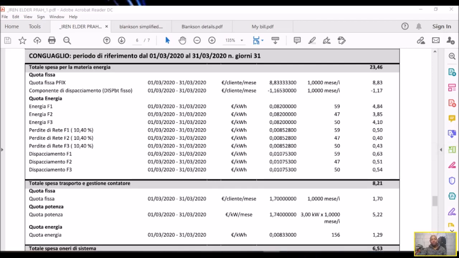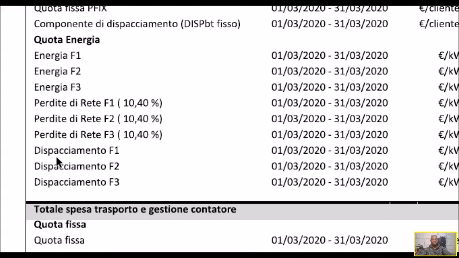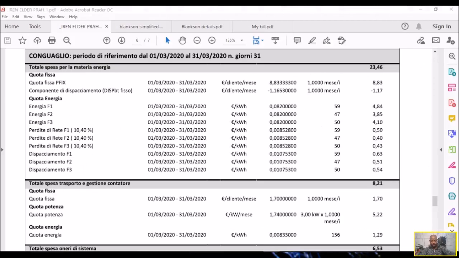Now there is this also which is called dispatchamento. What this means is, as they are transporting the energy from the main terminal to our houses, they will also have to maintain the energy. For the fact that they are maintaining that energy, which they call dispatchamento, that also has a cost, which is 0.01, which is nothing.